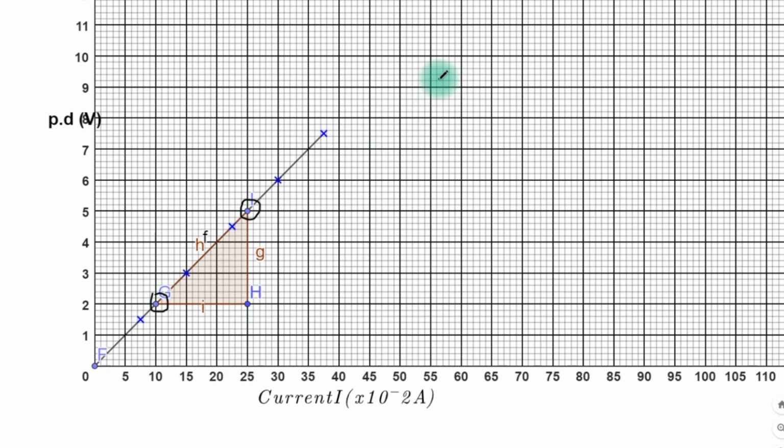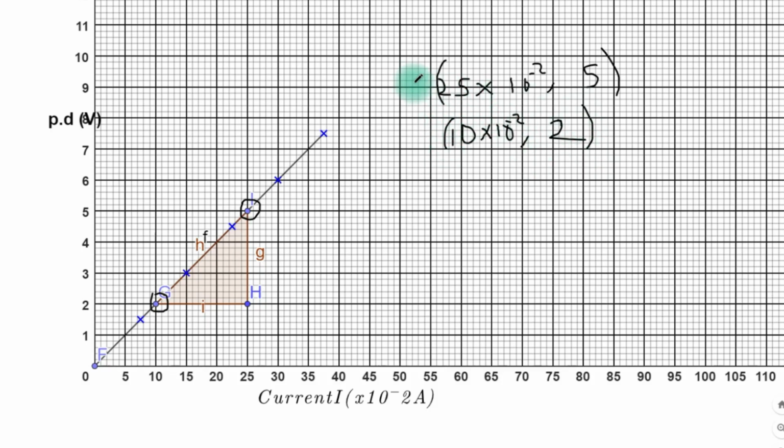So for this, it is 25 times 10 power negative 2 and 5. That's the point I have. Then the other point here, it is 10 times 10 power negative 2 and 2. So those are the points I have.